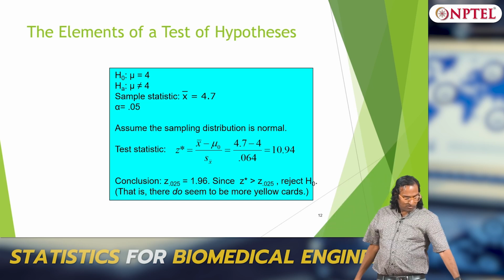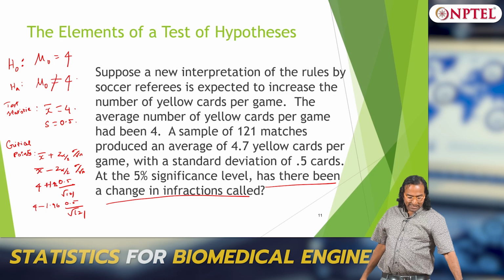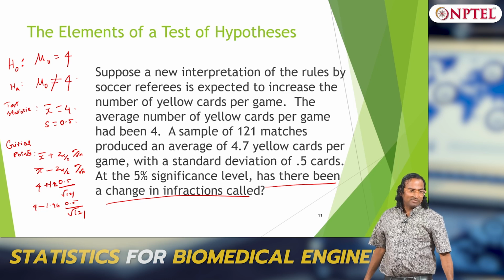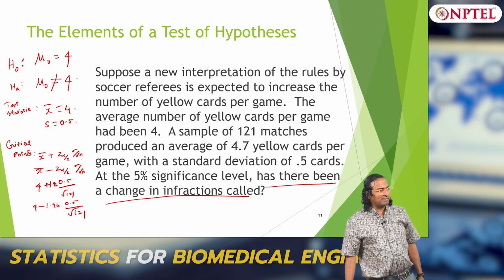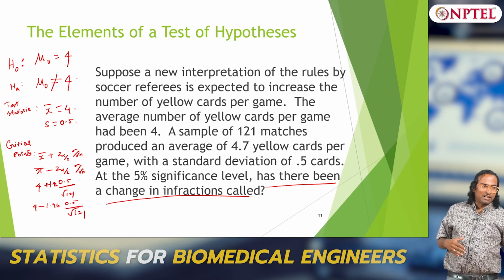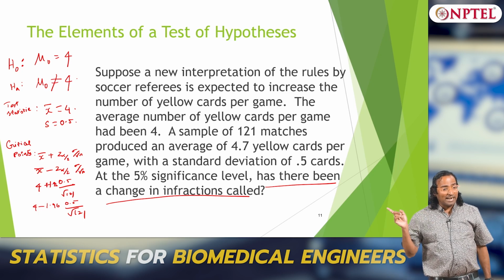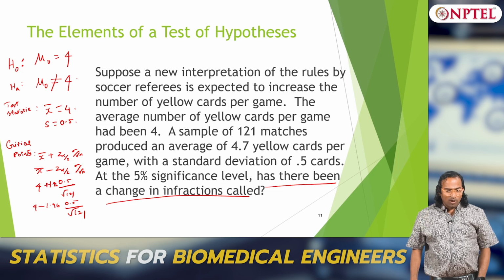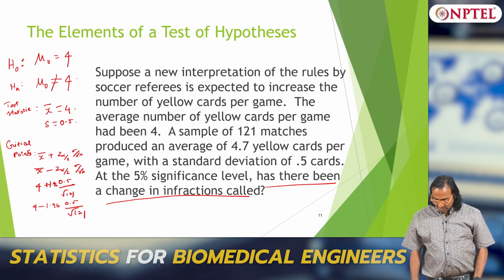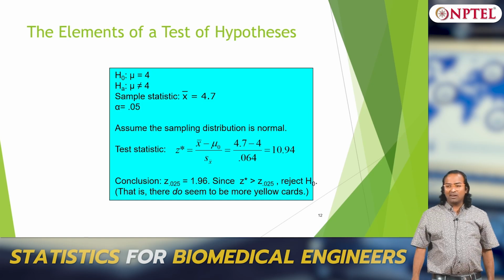So now this test statistic is X bar. Do you operate with X bar like this? There is a catch here. What is the catch? We are comparing against standard normal. So what should I do? I should convert the X bar also to standard normal.